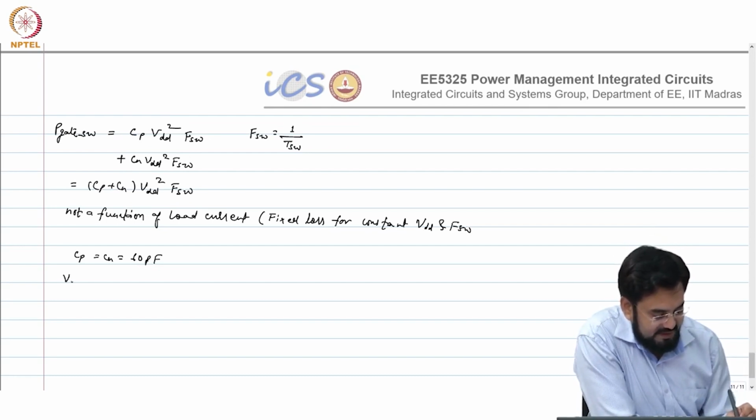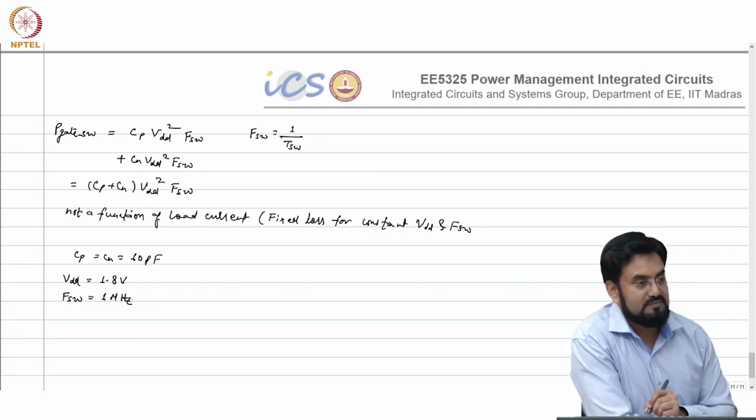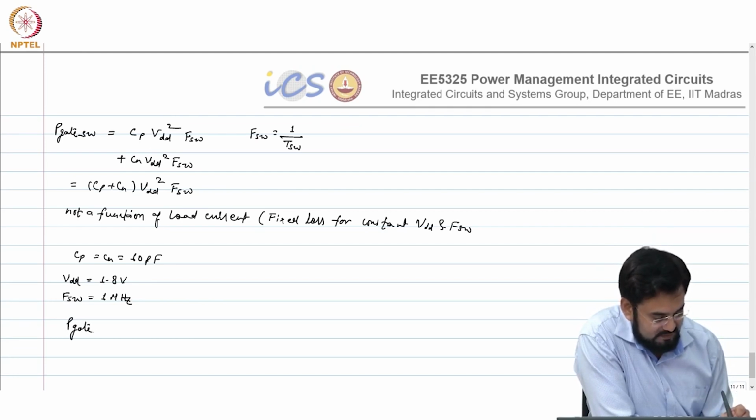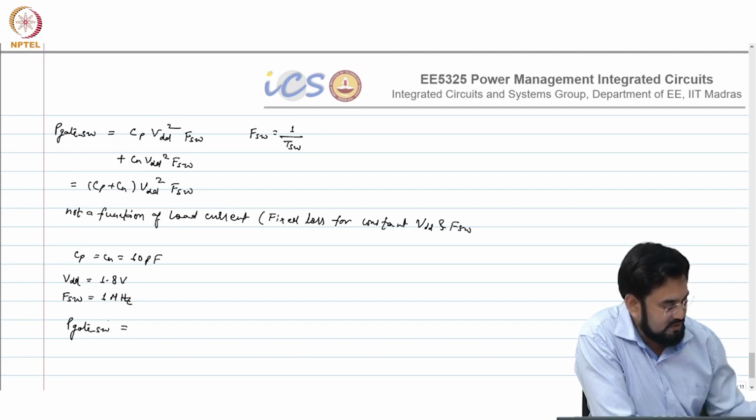And your VDD is, let's say, 1.8 V. FSW is 1 megahertz. So what will be your P-gate switching loss?